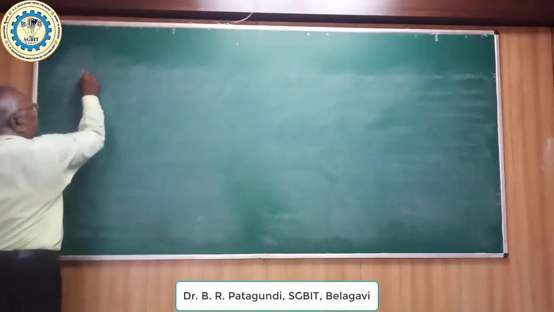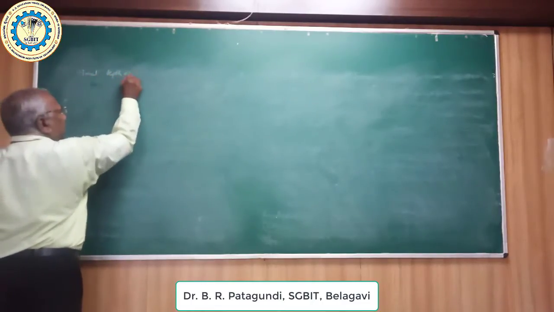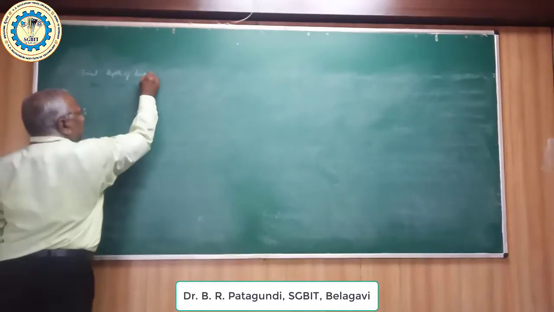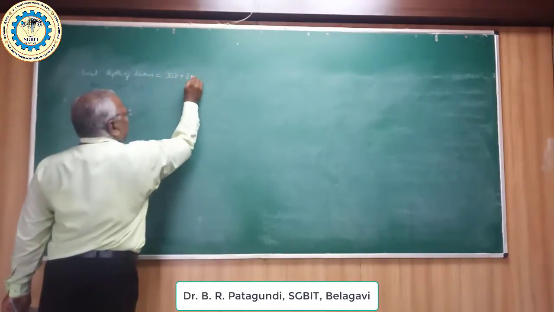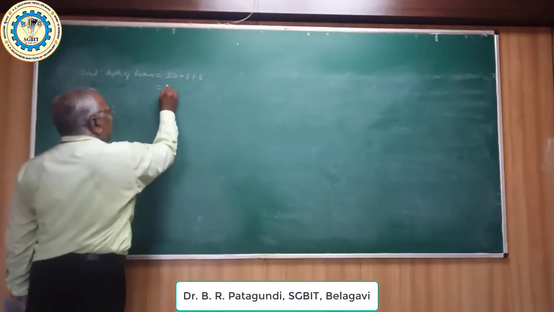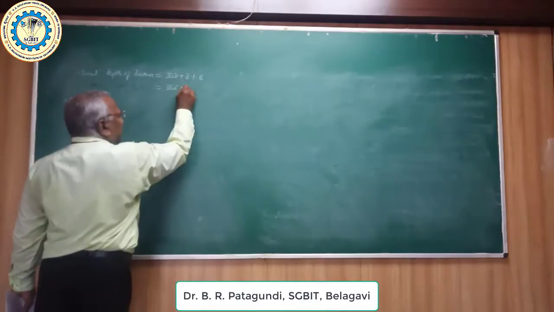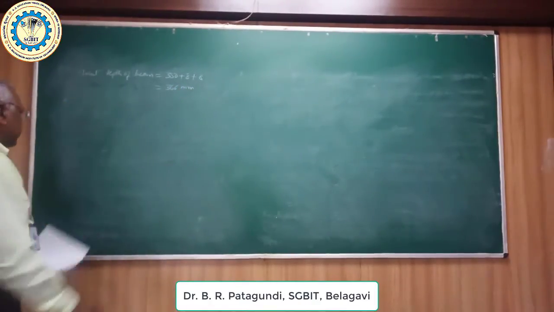So the total depth of beam is equal to 350 mm plus cover plate thickness at the top 8 mm and at the bottom 8 mm. So it is totally 366 millimeters, the depth of the beam section.